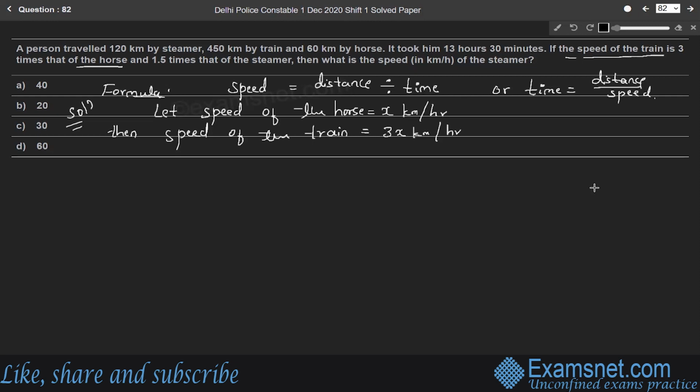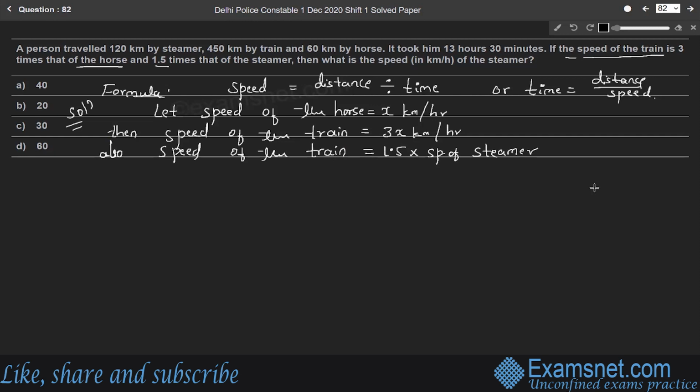And also the speed of the train is 1.5 times the speed of the steamer.